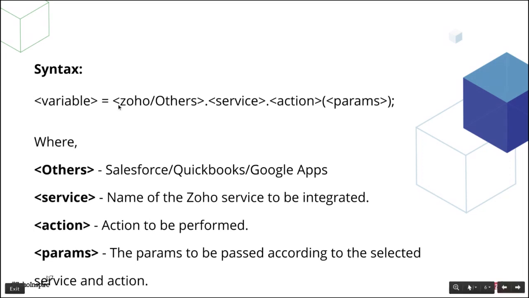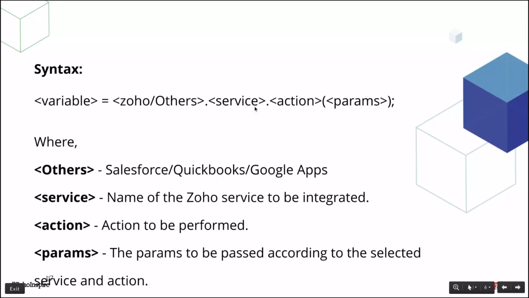Okay, so for Zoho products, in order to integrate with other Zoho products, the syntax would be Zoho dot service dot action. Here the service is Sign, CRM, Inventory, Analytics, so all the other products. Those are all the services.